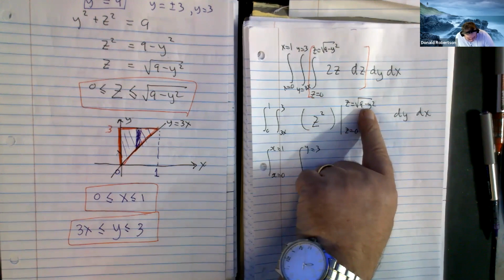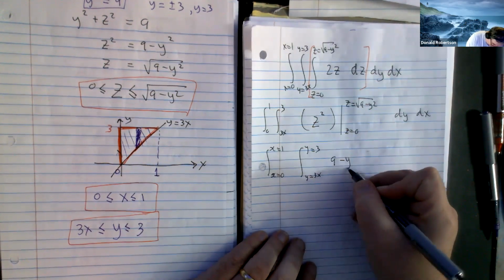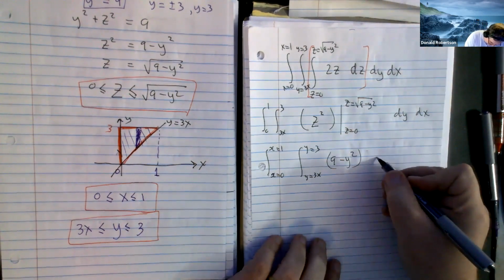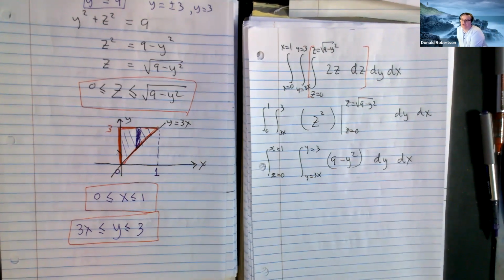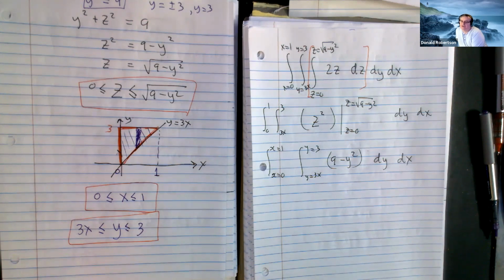Well, if you put a square root in here and square it, all you will get is 9 minus y squared, take away 0, which is that guy. Do you see it came out quite nice? And then do the next guy, and you're finished.